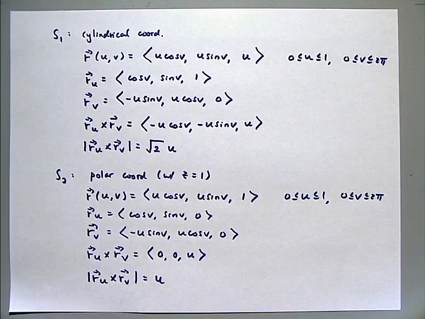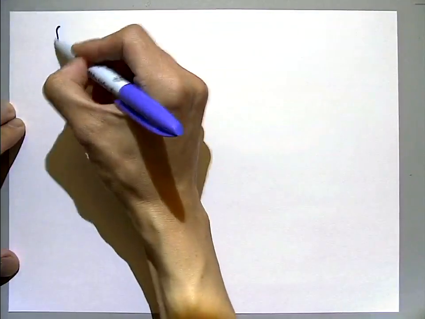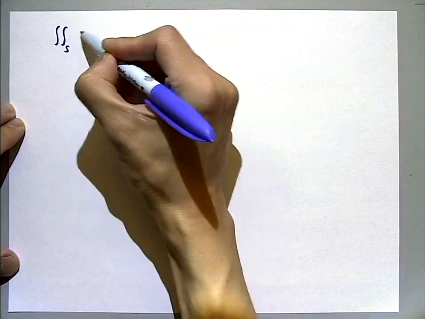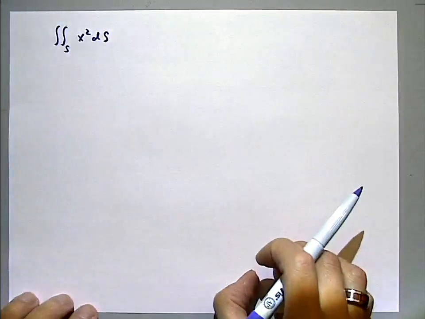All right, so we parameterized both surfaces, the lateral surface of the cone and the cap at the top. Now we just have to do the integral. Okay, so remember, this is the integral we're dealing with: x squared dS.